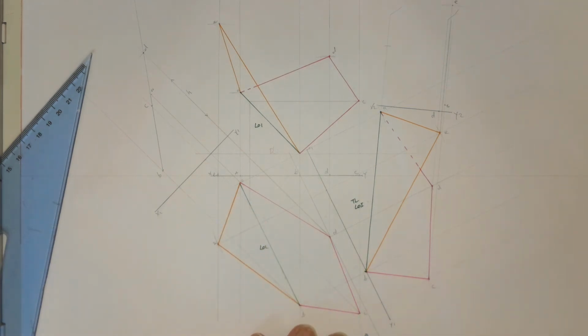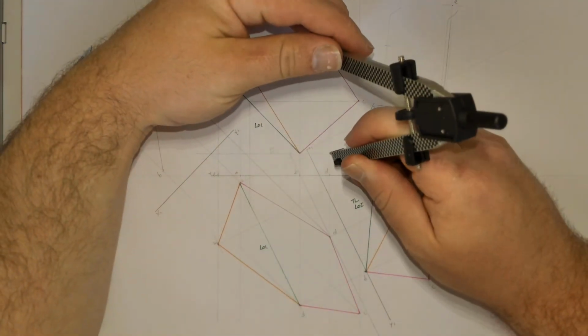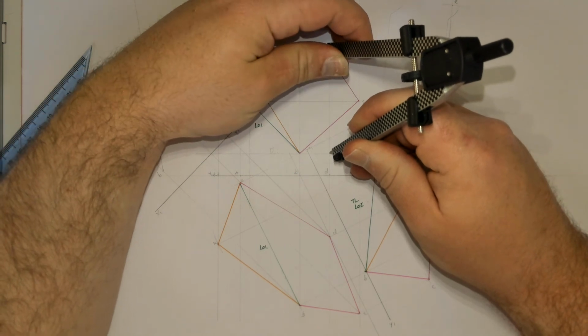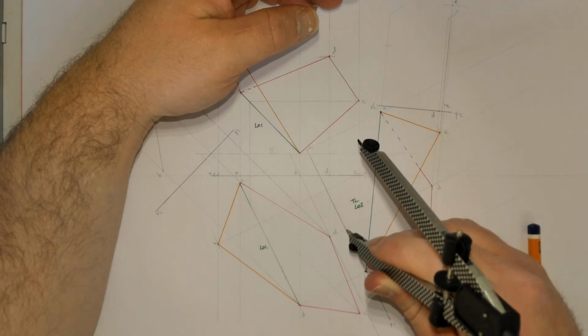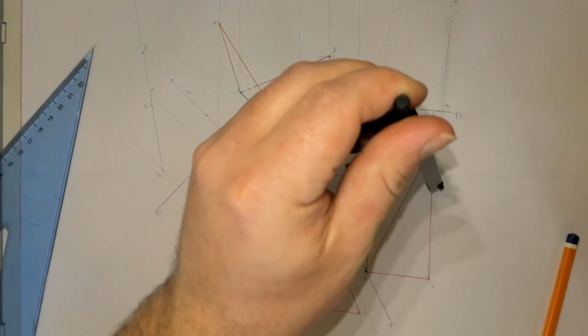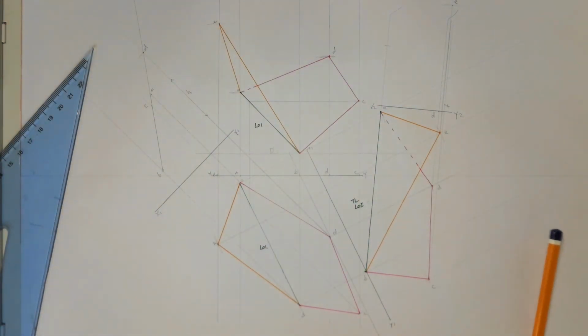I take the right height for C. I take the right height for D. D should be out a little bit further.